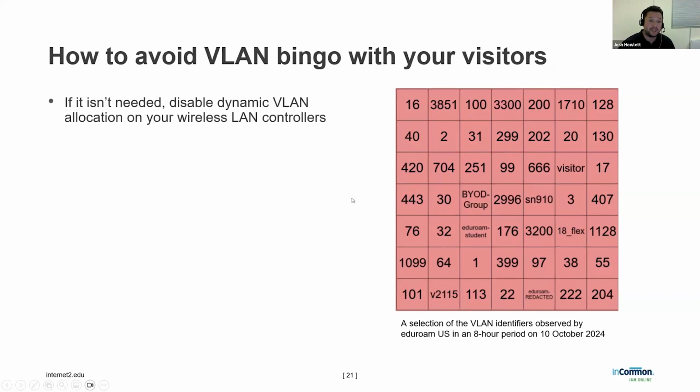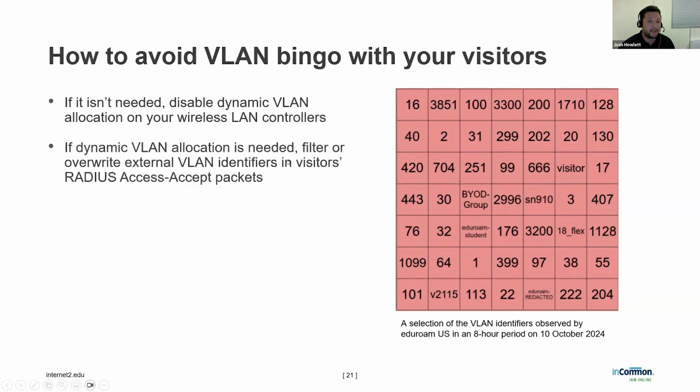So to avoid this issue, it's quite simple. If you're not doing dynamic VLAN allocation, and not everyone is, just make sure that you disable it on your wireless LAN controllers. If you are using it, make sure that you filter these attributes on ingress, or overwrite those values with the values that you want to use internally.